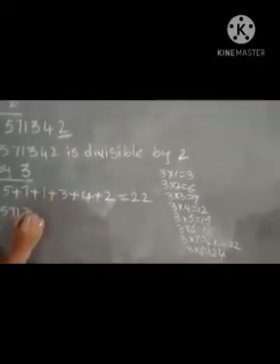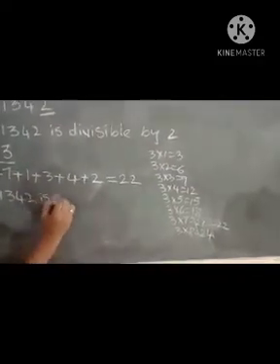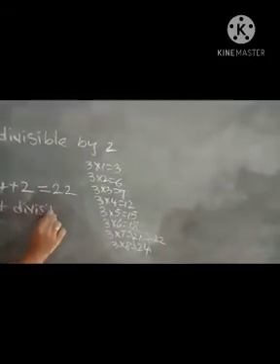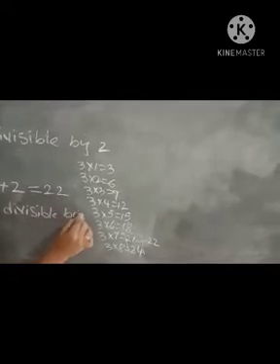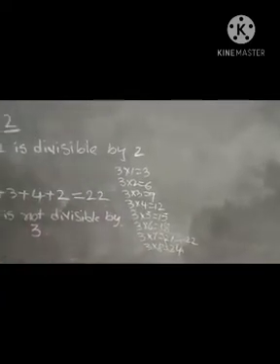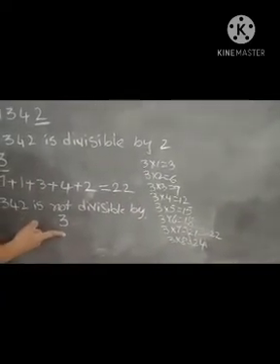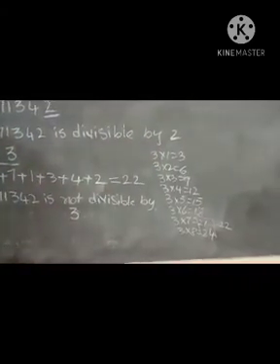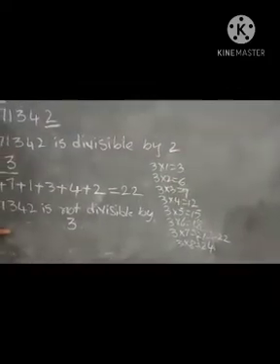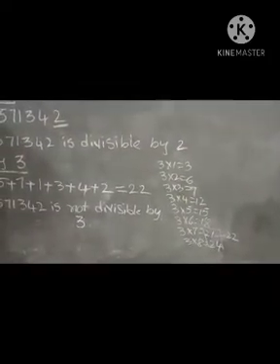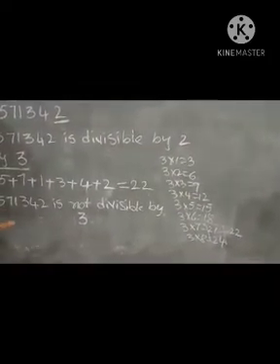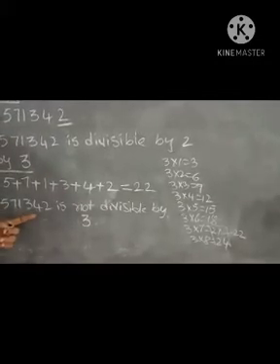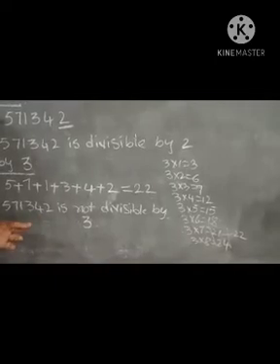So 571342 is not divisible by 3. But here this number is divisible by 2, no? Whatever it may be, the number must and should be divisible by both 2 and 3. If it is not divisible by 2 or not divisible by 3, the number is not divisible by 6.